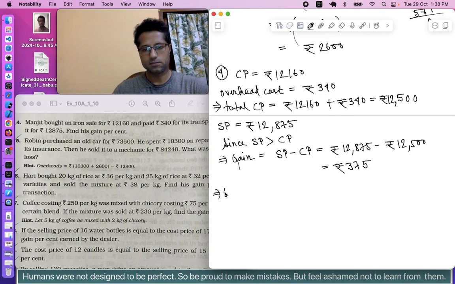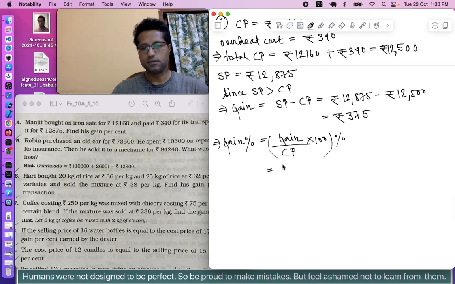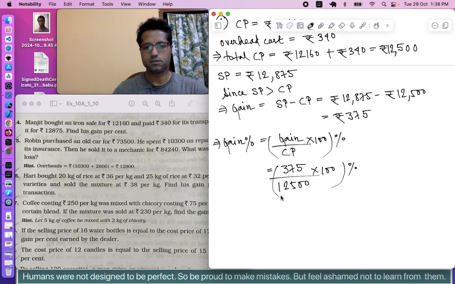So gain percent is equal to gain divided by cost price multiplied by 100, this much percentage. Gain is 375, total cost price was 12500, and we multiply by 100, this much percentage.